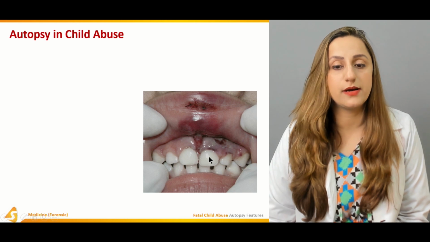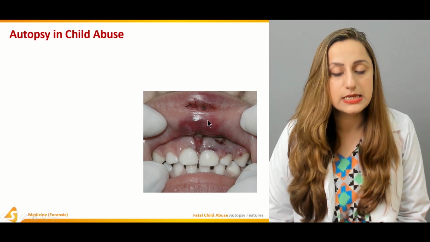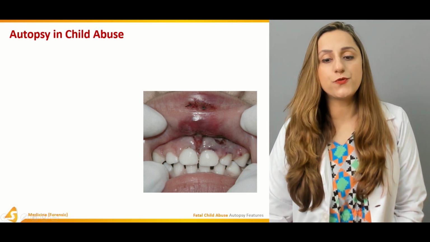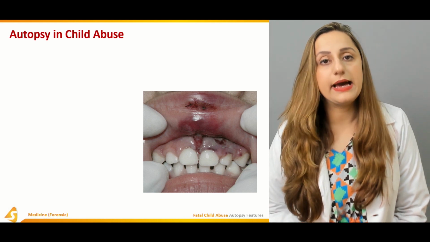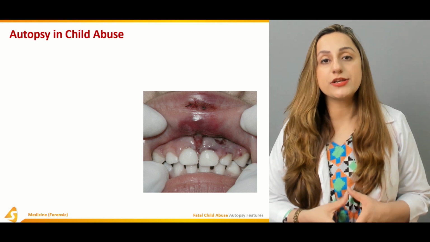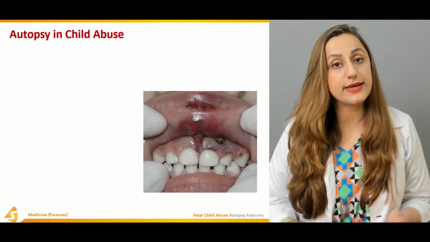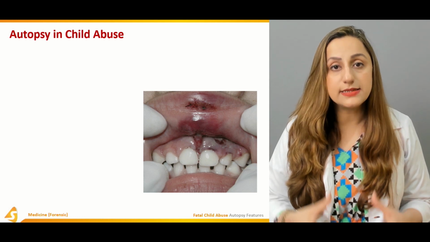That is going to give rise to jagged lacerations. Then the teeth have to be looked at. We look for loosening of the teeth. There can be a complete avulsion of the teeth, and all of this is going to point out that trauma has occurred. Whether it is non-accidental or accidental in nature is going to be decided at the end of the autopsy.